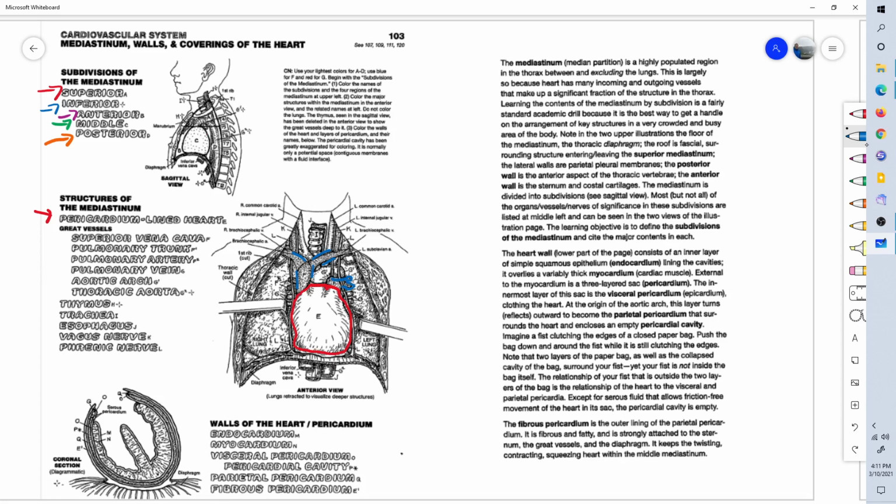In the superior mediastinum, we see the pulmonary artery. We see the pulmonary vein. We see the aortic arch. We see the thoracic aorta, which is looped from the aortic arch and then gone down behind the heart.